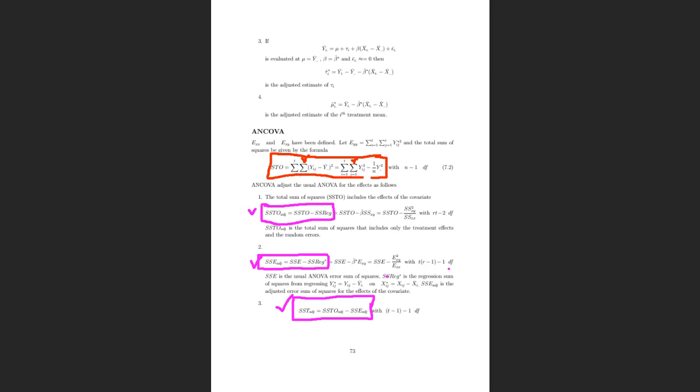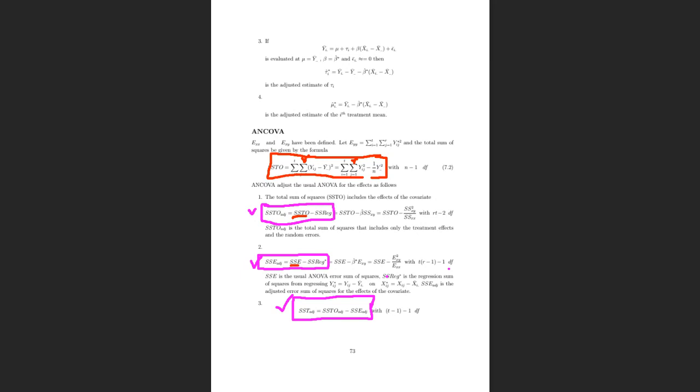Leaders, as I've indicated, you have SSTO. Remember when I said you will need the information from CRD. The reason was that we need SSTO from the CRD part, and we need SSE from the CRD part.